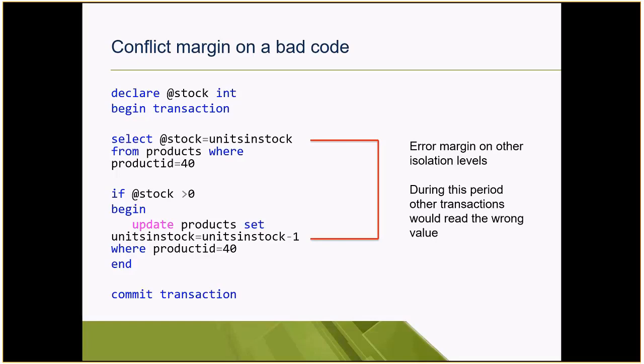This is a problem. But sometimes this interval is so small that it never happens. So this is a bug. It could happen. But sometimes using pessimistic concurrence, this interval is so small that it never happens.